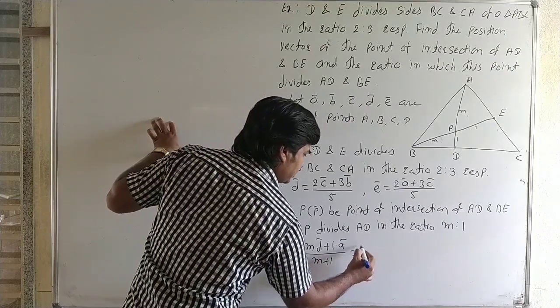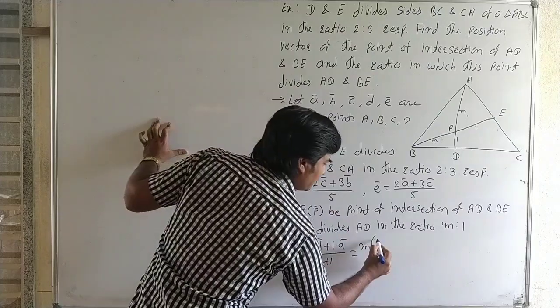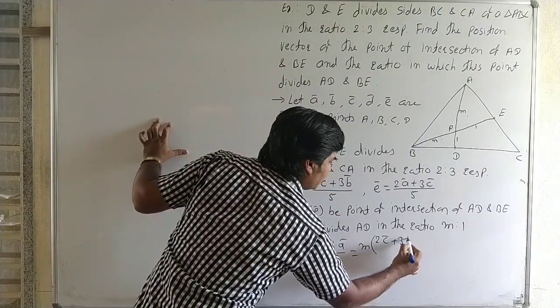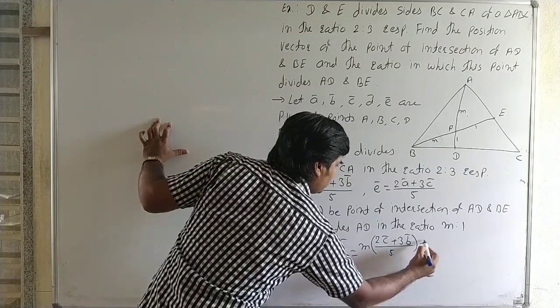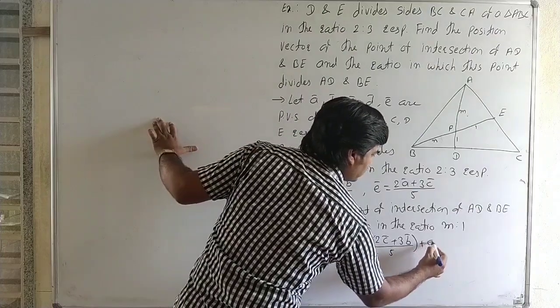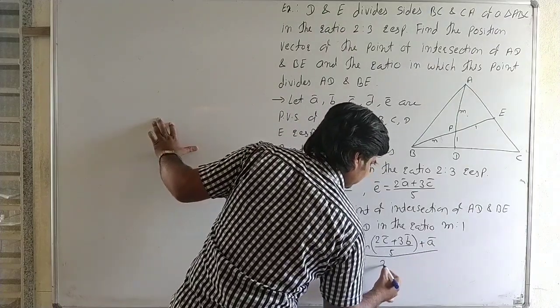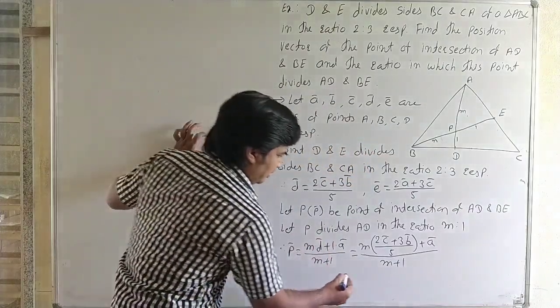Then this can be written as m into D bar, where D bar is (2 C bar plus 3 B bar) upon 5, plus A bar, and whole upon m plus 1.